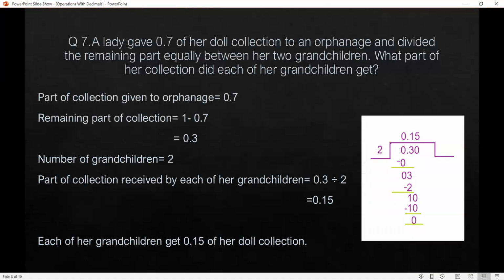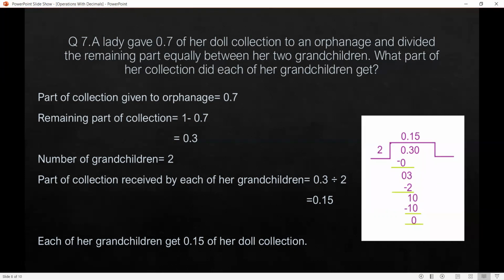The part of collection given to orphanage equals 0.7. That is given. So if the total part we consider 1, she is having 1 doll. So after giving to the orphanage, how much remaining part is left? We will subtract 0.7 from 1, that is 0.3. That is the remaining part.